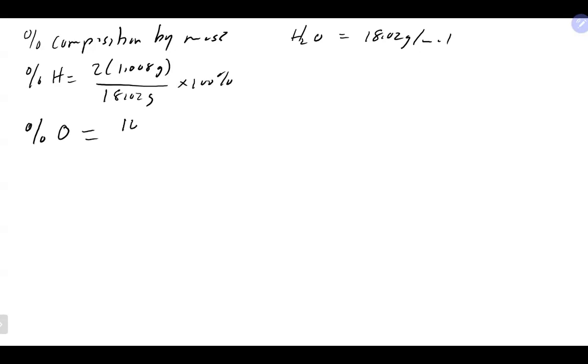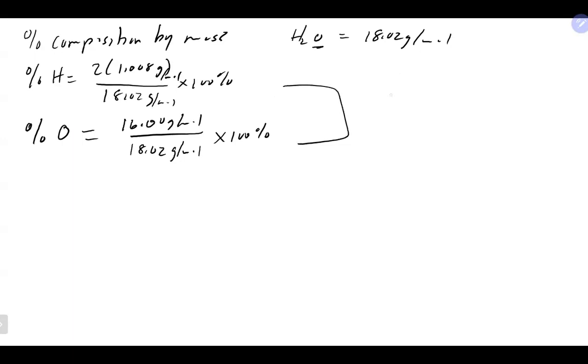It would be 16 grams per mole, which would be oxygen, since there's just one in the formula, and also be divided by the molar mass of the compound times 100%. And that would give you your percentage of oxygen. Obviously, when you get those percentages, they should add up to 100% if you have everything.